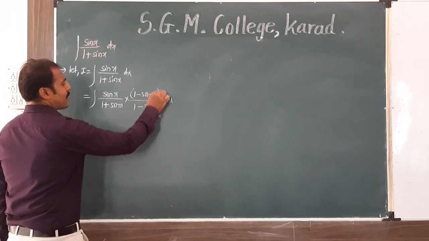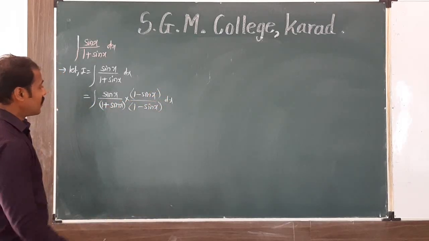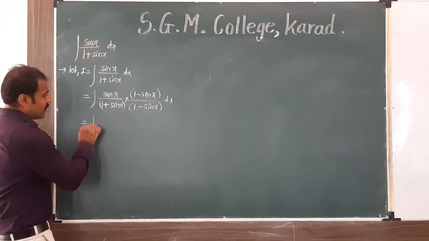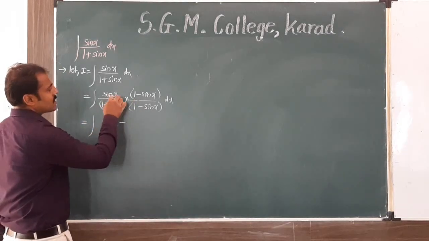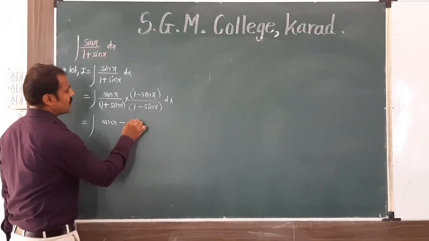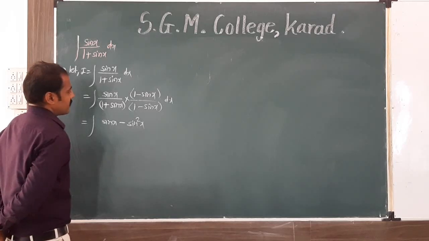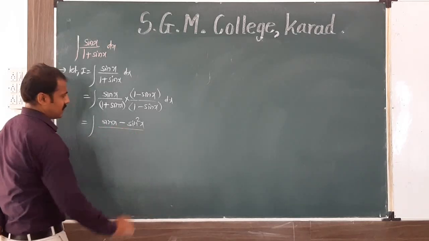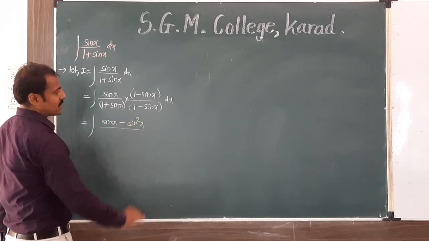Okay, and put bracket there. Now look at here value. Sin x into 1 is sin x minus sin x into sin x is what? Sin square x, divided by 1 plus sin x into 1 minus sin x.